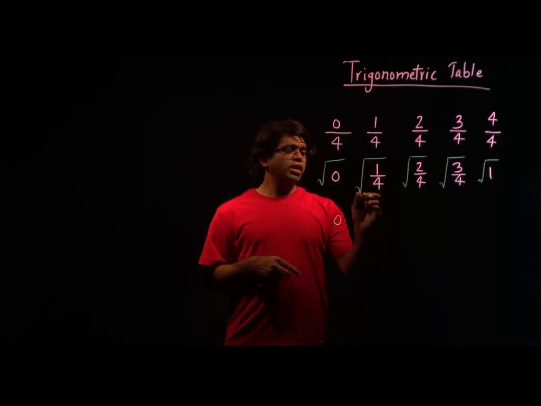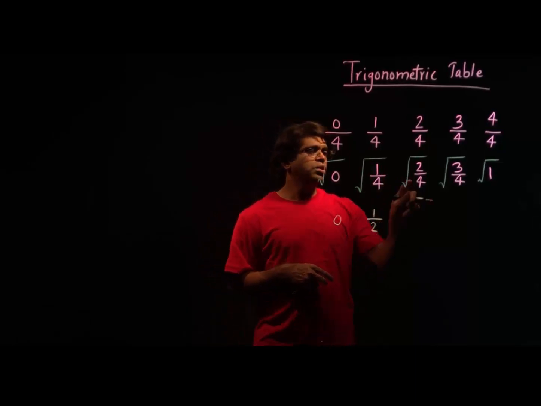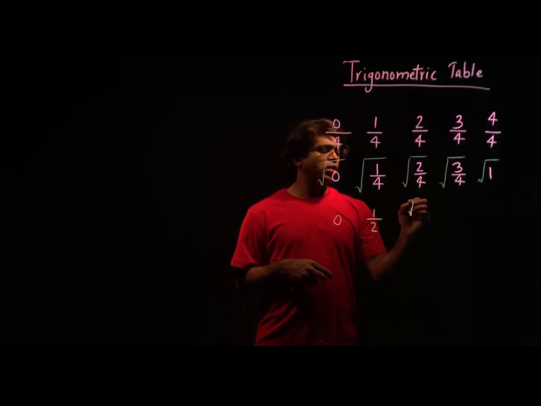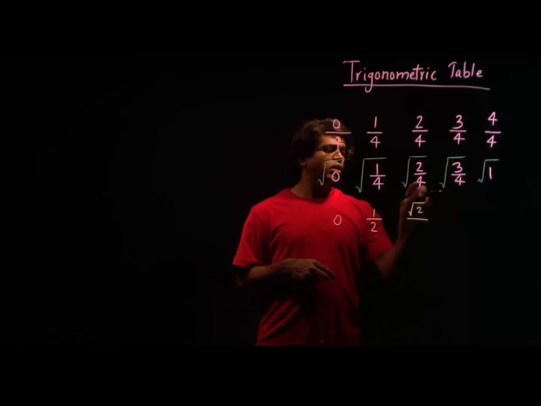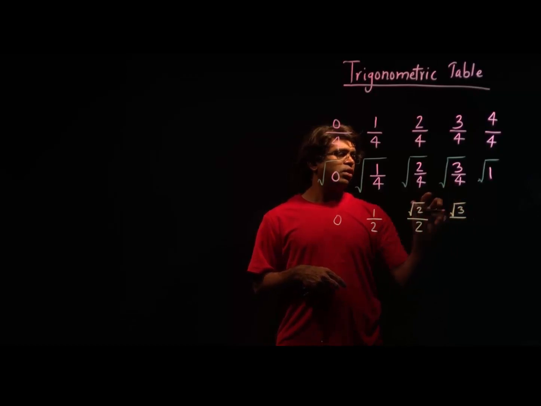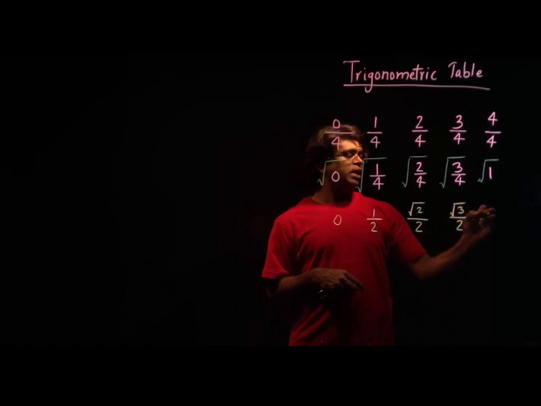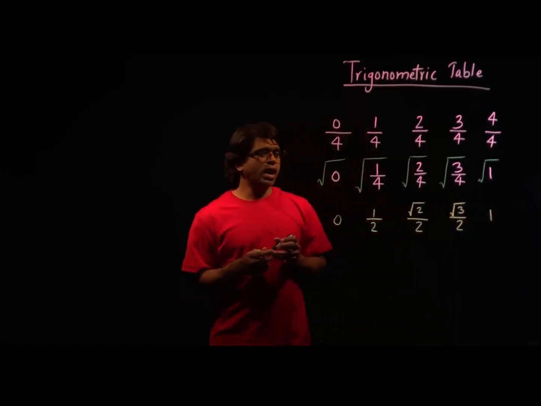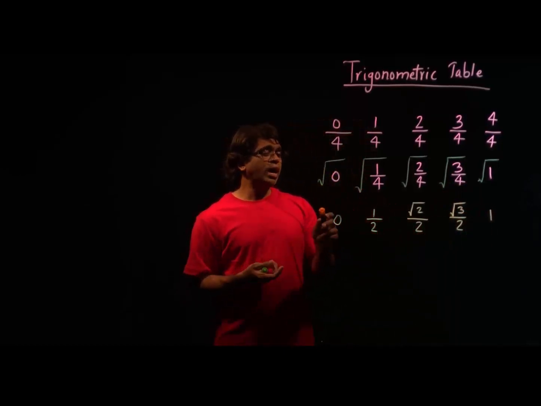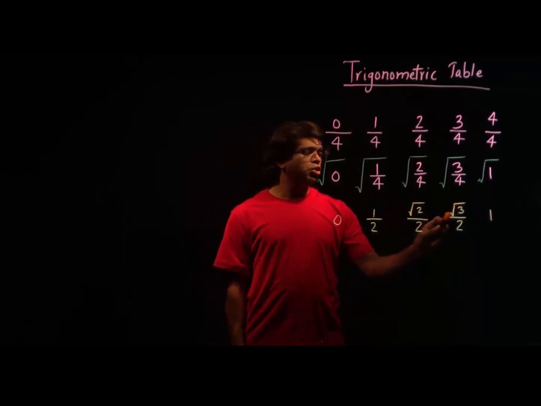The square root of 1 is 1, and the square root of 4 is 2. The square root of 2 is the square root of 2, and the square root of 4 is again 2. 3 is not a perfect square, so I will write the square root of 3, and the square root of 4 is again 2. And the square root of 1 is 1. So as you can see, I got 0, 1 over 2, root 2 over 2, root 3 over 2, and 1.